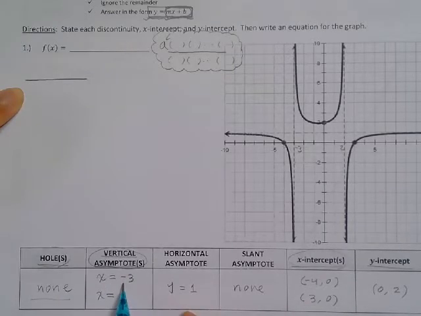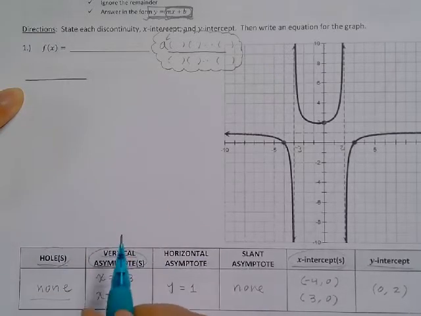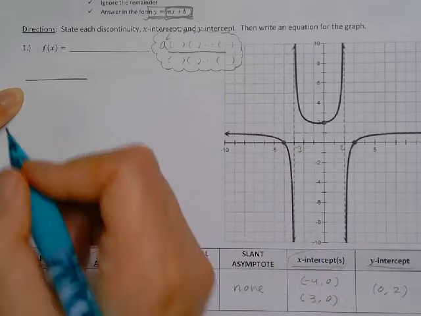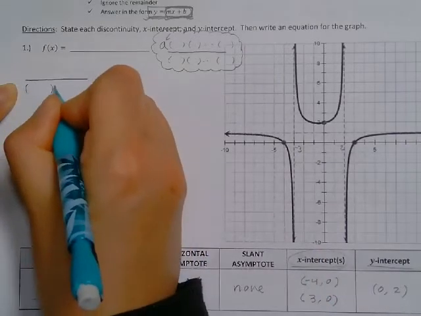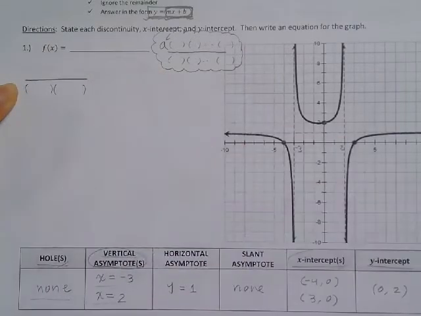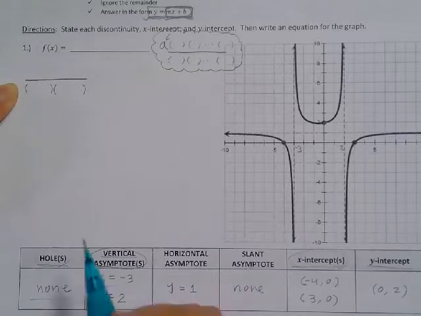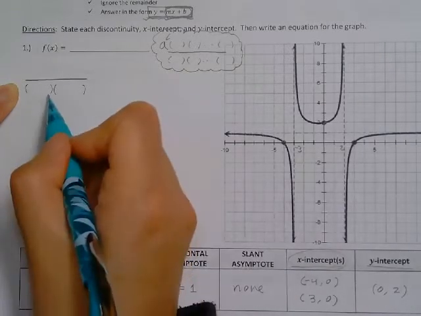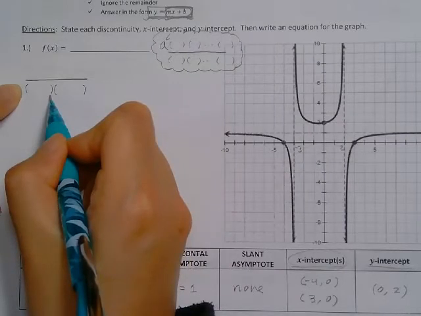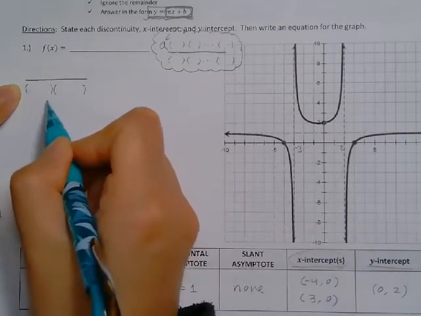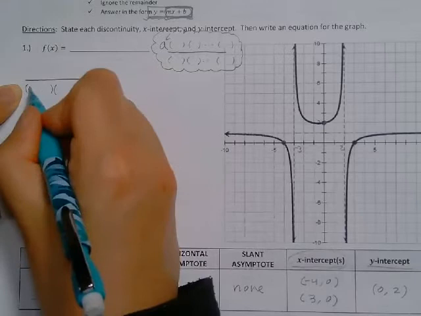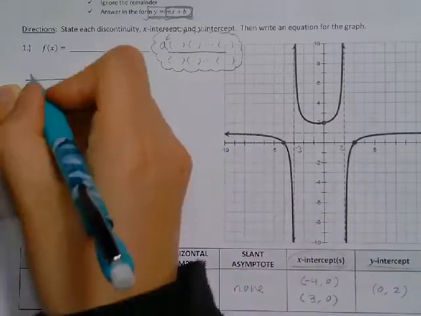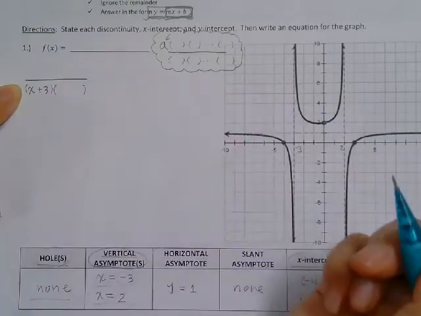Where are they? -3 and 2. The way that we figured this out earlier, graphing it, is from factors. So I know for sure I will have at least 2 factors. To have a vertical asymptote at -3, what was the original factor that I was supposed to have inside the parentheses? It's x plus 3.